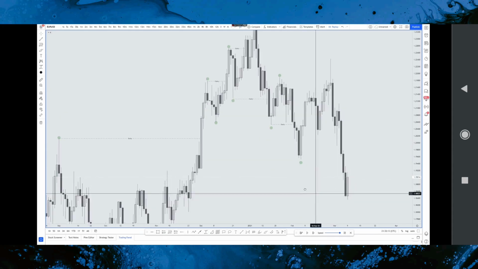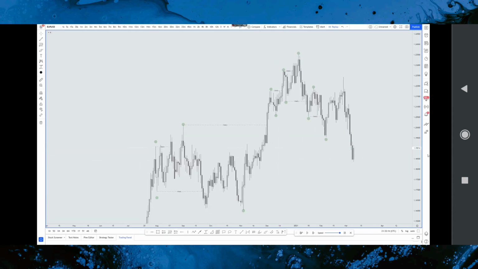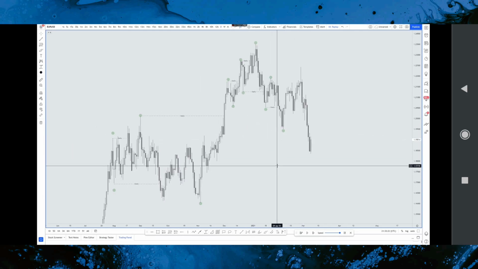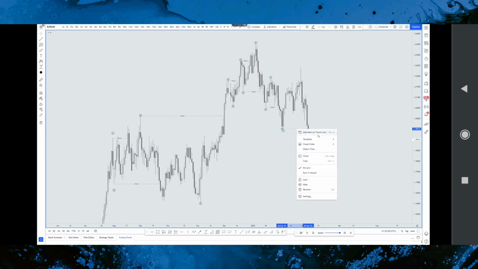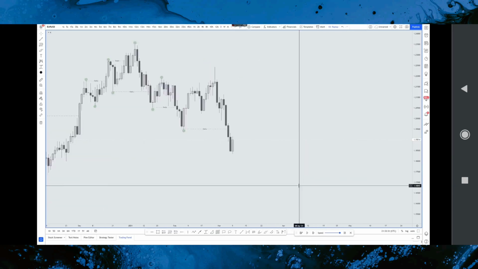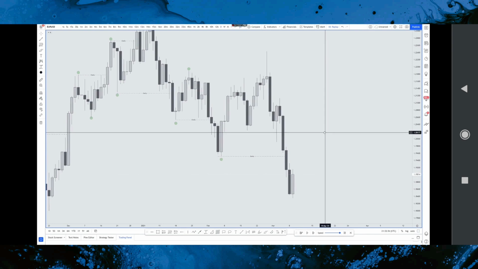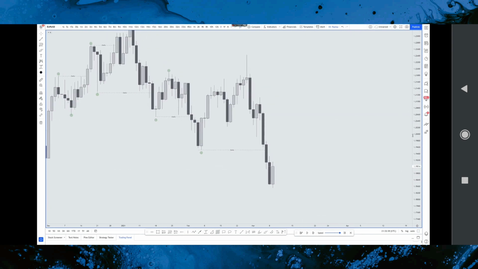And as of right now, you can see that we are starting bearish momentum as we continue on down. So as of right now, we are still continuously making new lows.